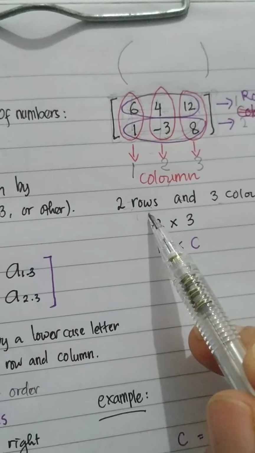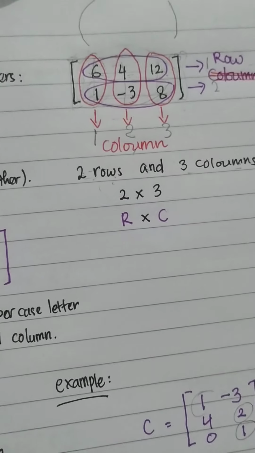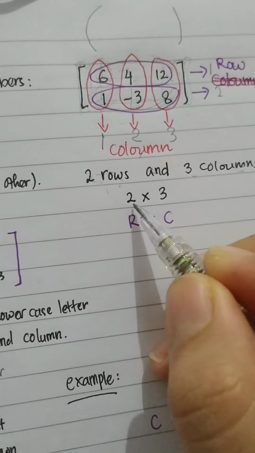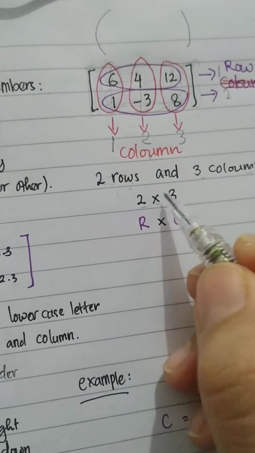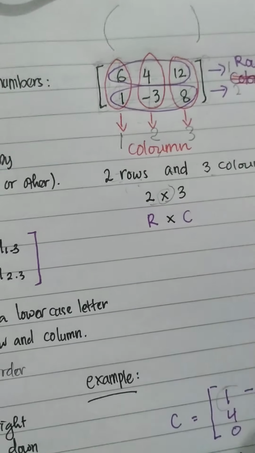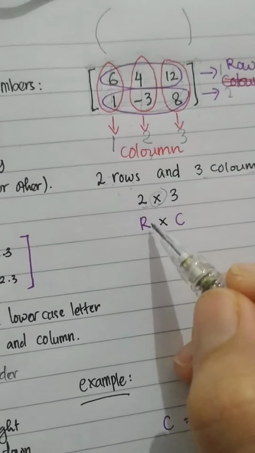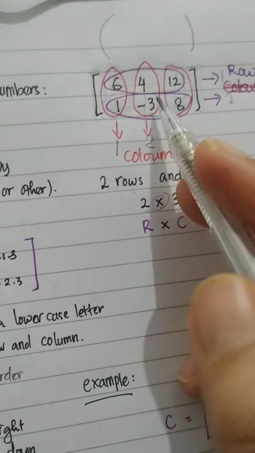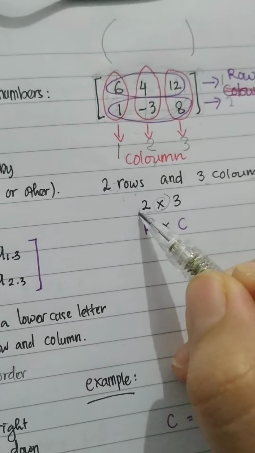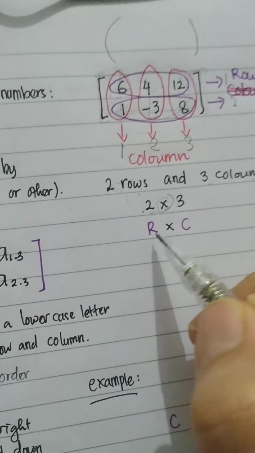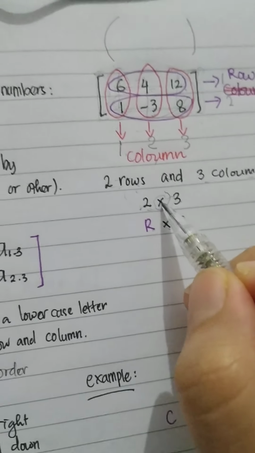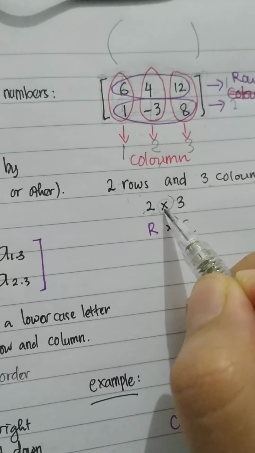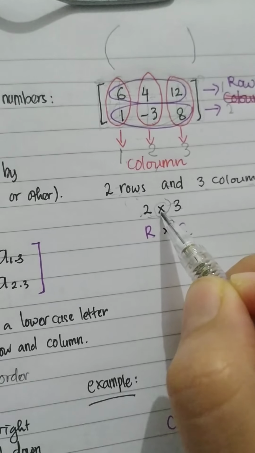So there are 2 rows and 3 columns, or we can write it like this, 2 times 3, but we don't read this sign as times or multiply, we call it by. So this matrix is 2 by 3, row by column. Okay, remember we call this by, not times.